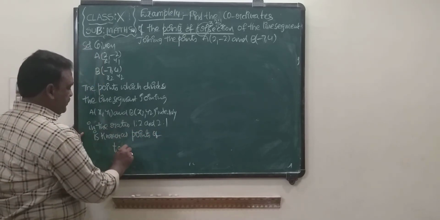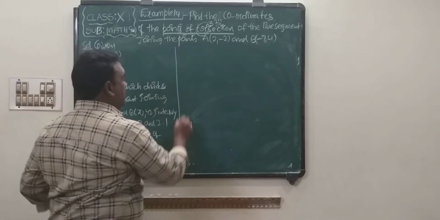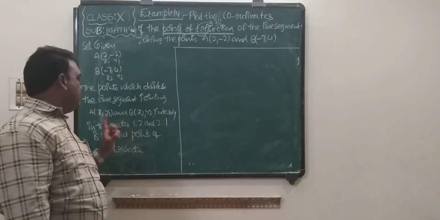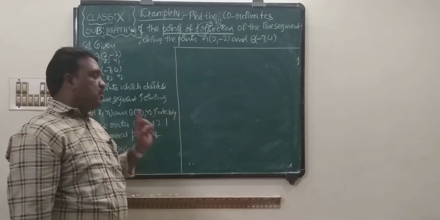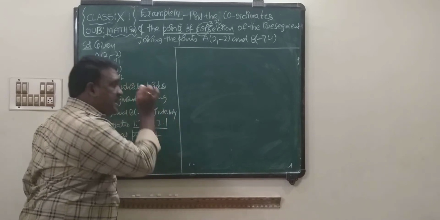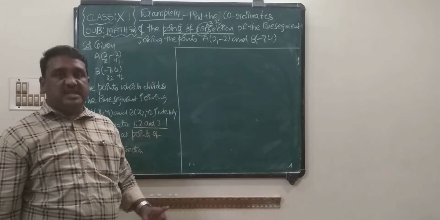So this is the definition of points of trisection.